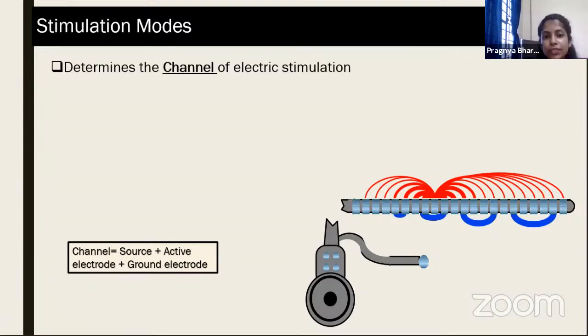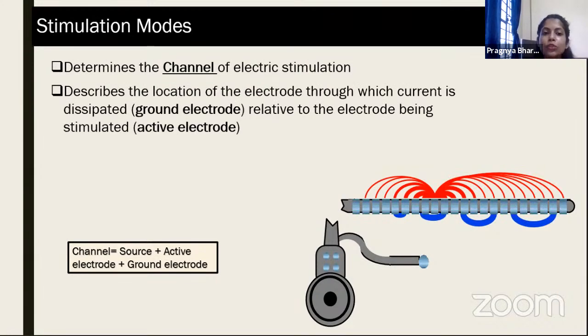The active electrode is the site, or the target tissue, where the current has to be delivered, and the ground electrode is where the current, after stimulating the target area, gets dissipated or leaves the stimulated region. So the stimulation mode determines the location of mainly the ground electrode in relation to the active electrode.